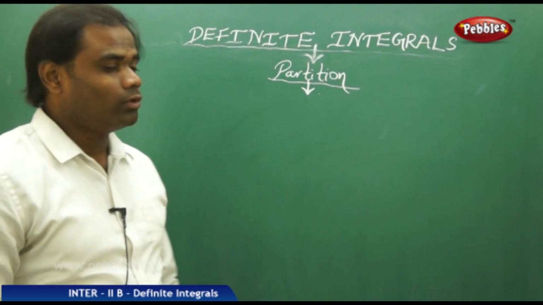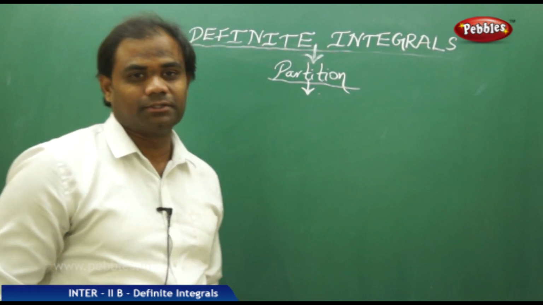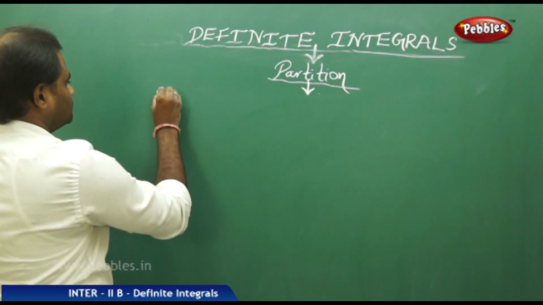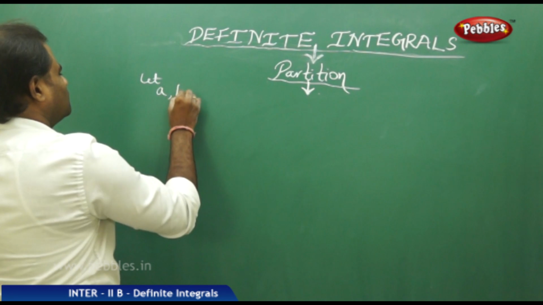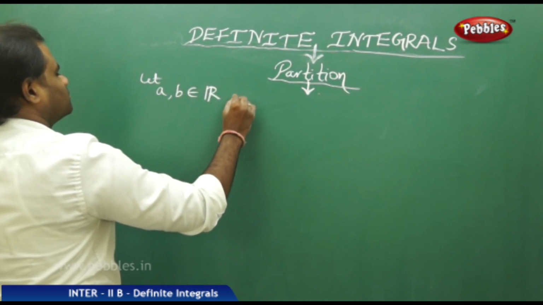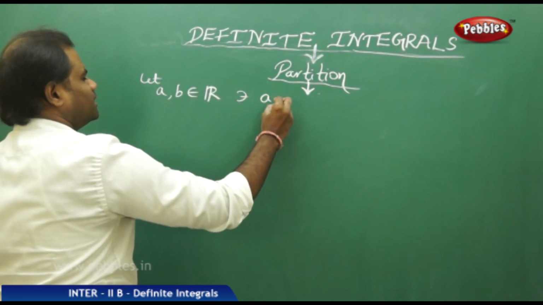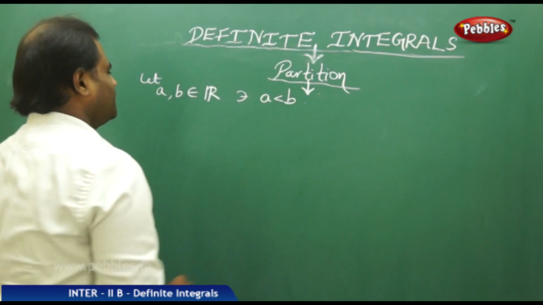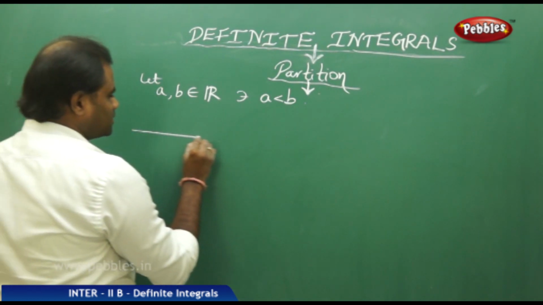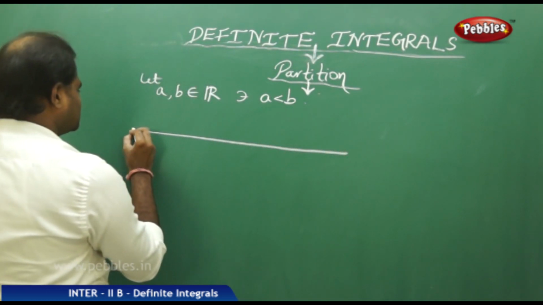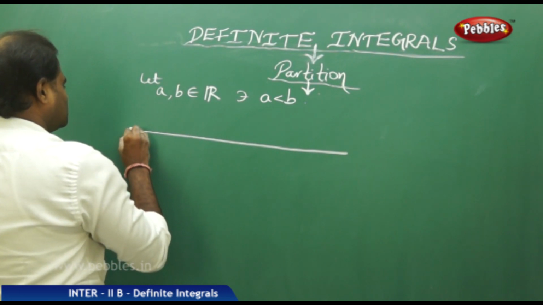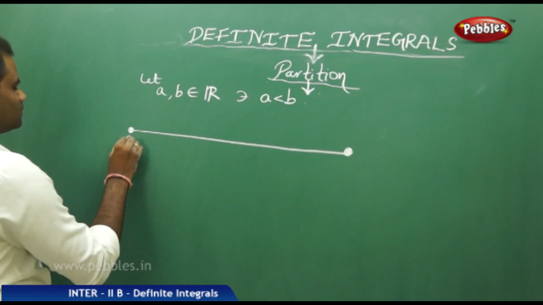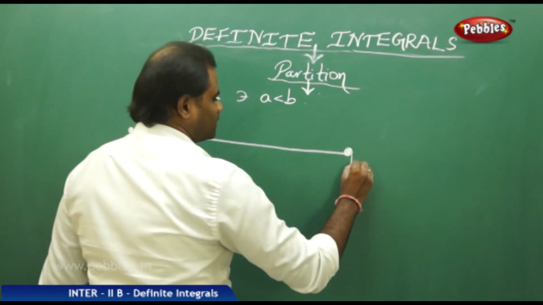Partition. What is a partition in the integration concept? Say I have two real numbers a and b such that a is less than b. If I represent them on the number line, here is a and here is b.